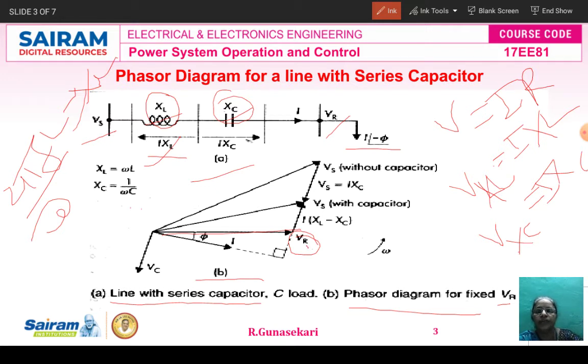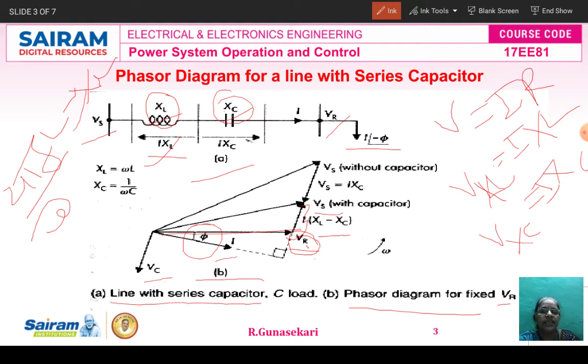In this case, the current I lags behind VR by an angle phi. Then VC, the voltage drop across the series capacitor, lags behind the voltage VR and leads the current I. And this drop is I into XL minus XC.